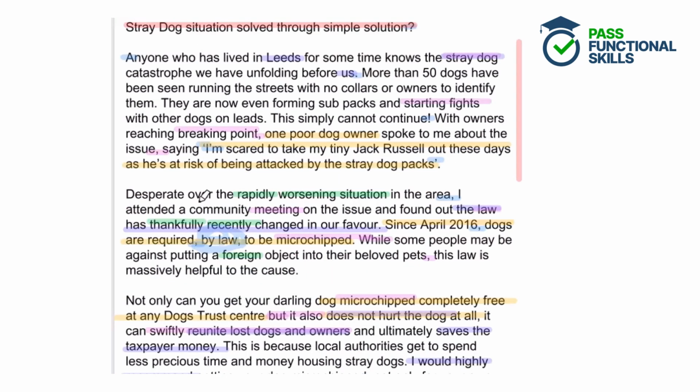And we've got various language techniques to persuade the community that our opinion is correct, that microchipping is a good thing. So for example, we've got this quotation here to really make the reader think about the issue and the impact that it's having on the community. So this really negative language like "scared" and "attacked" feels quite emotive, so it engages with the reader's emotions and persuades them that something should be done about this problem.